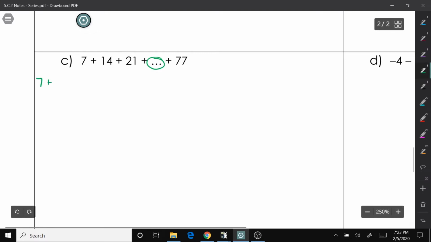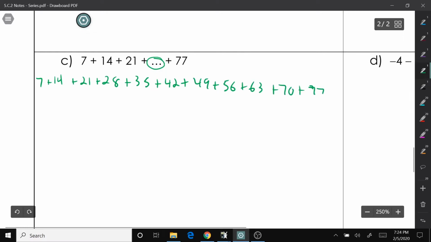So we have 7 plus 14 plus 21 plus, well, keep adding 7, 28 plus 35 plus 42 plus 49 plus 56 plus 63 plus 70 plus 77, and that is where we will stop because of this 77 right here. So this is my sequence all written out, or my series all written out.